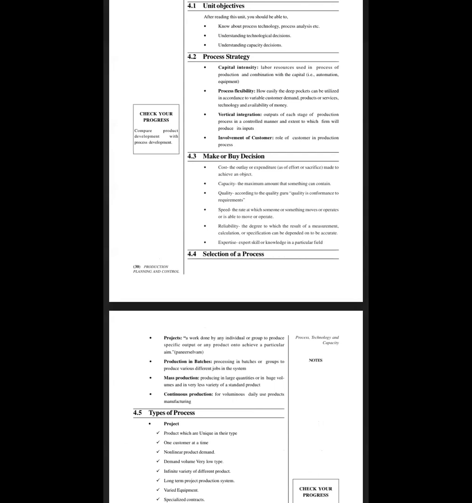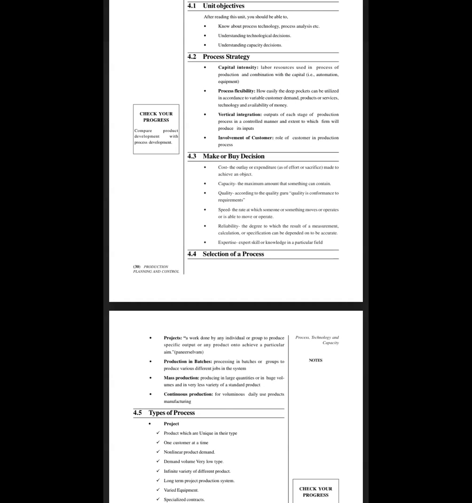Process flexibility, how easily and deeply pockets can be utilized in accordance with variable customer demand, products and services, technology and availability of money. Vertical integration, output of each stage of production process in a controlled manner and the extent to which a firm will produce its input. Involvement of customers, the role of the customer in the production process. So these all are the process strategy.